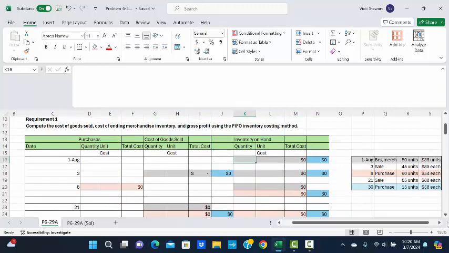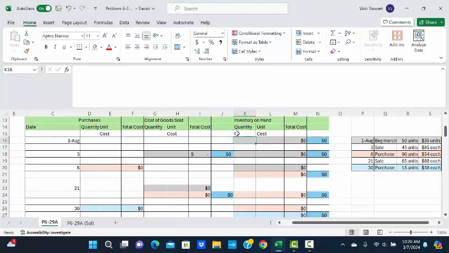So at the beginning of the month, it stated in the problem that the company had 50 units on hand that cost $35 each. So $1,750 in total cost for inventory on hand. Then on the 3rd, they sold 45 units.